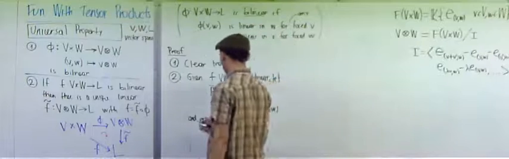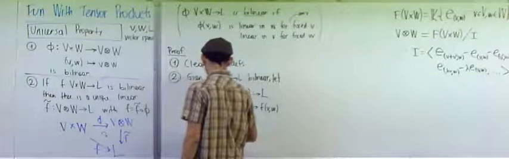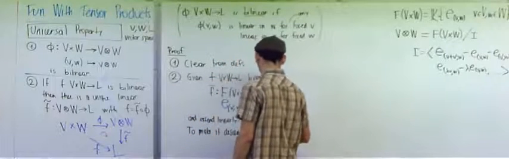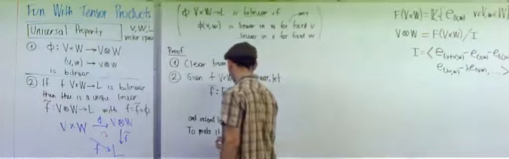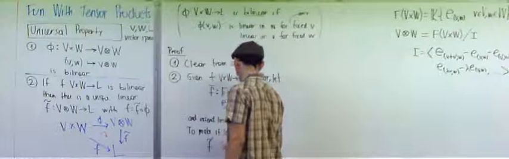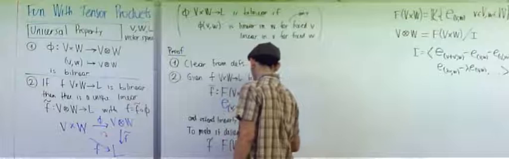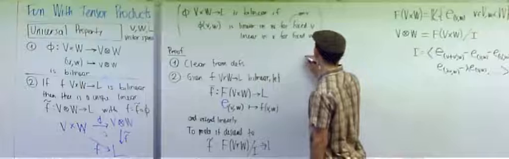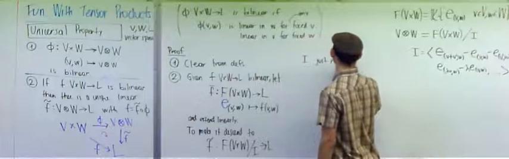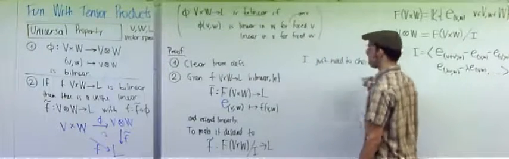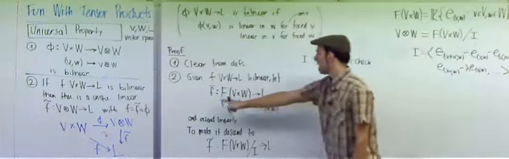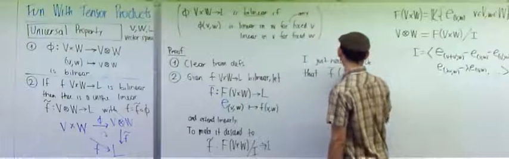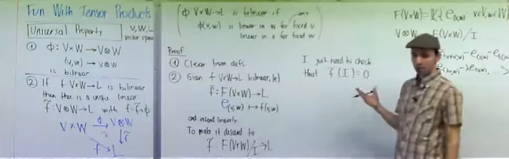So to make it descend to the quotient group, or I mean in this case it's just a quotient vector space, mod I to L, I just need to check that f bar of the ideal that I'm modding out by is equal to 0. That I is in the kernel.